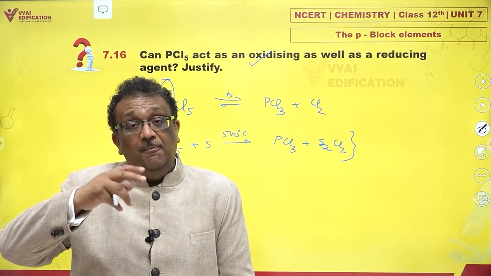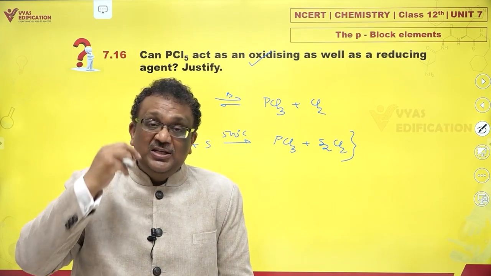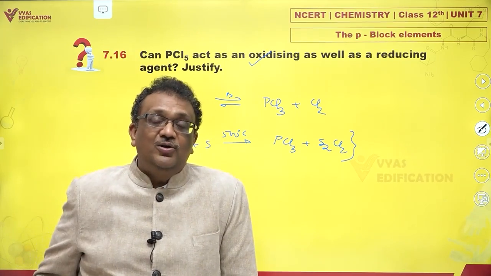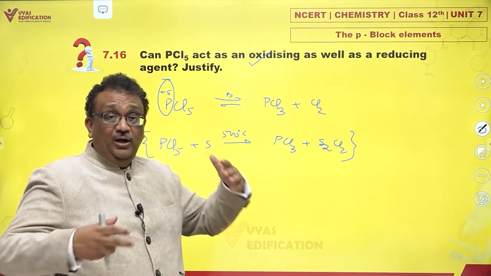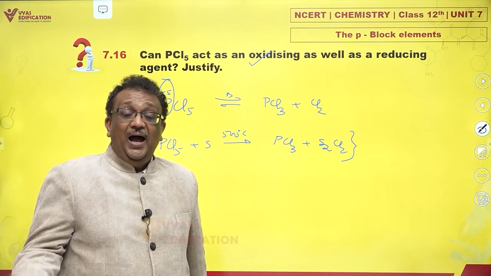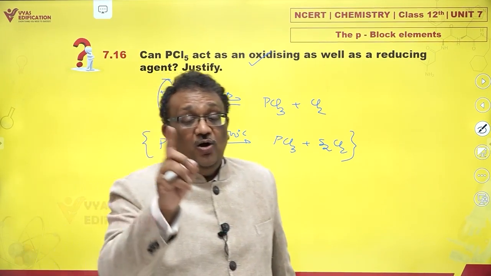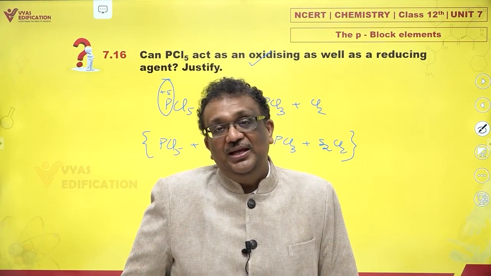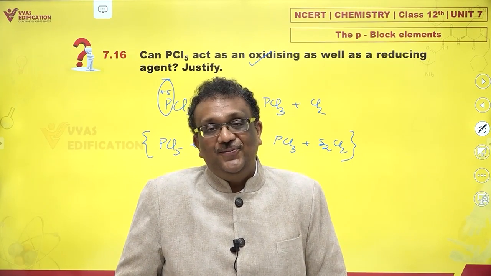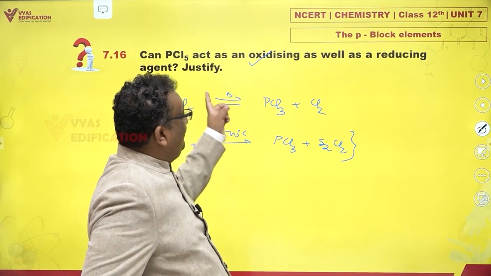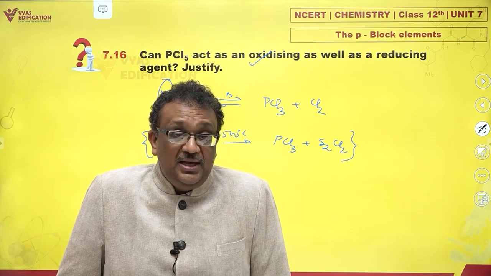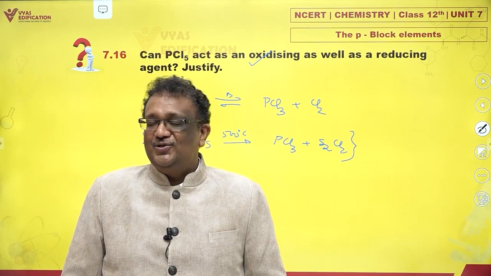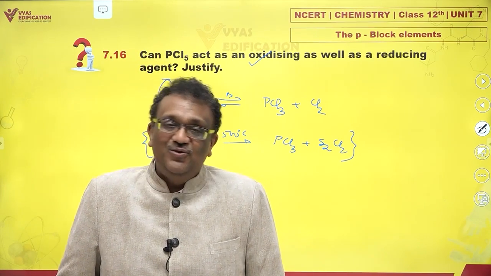Phosphorus cannot go beyond +5. And since phosphorus itself cannot undergo oxidation, PCl5 cannot get oxidized, and that is why it cannot function as a reducing agent as such. So, PCl5 can function as an oxidizing agent, yes, and that also is not very pleasant or easy, but it definitely does not function as a reducing agent.